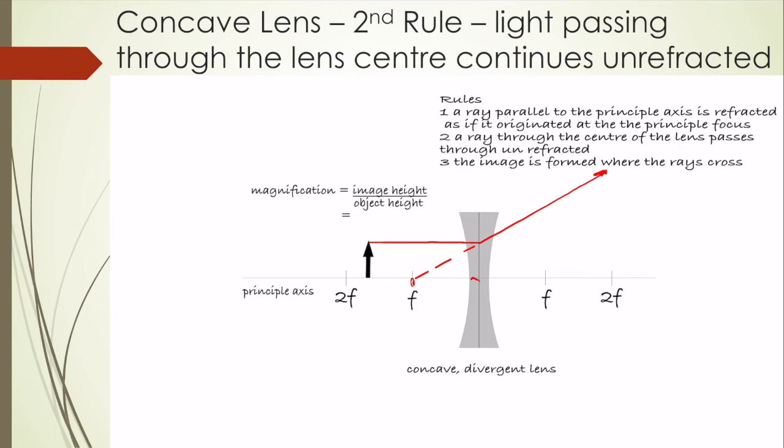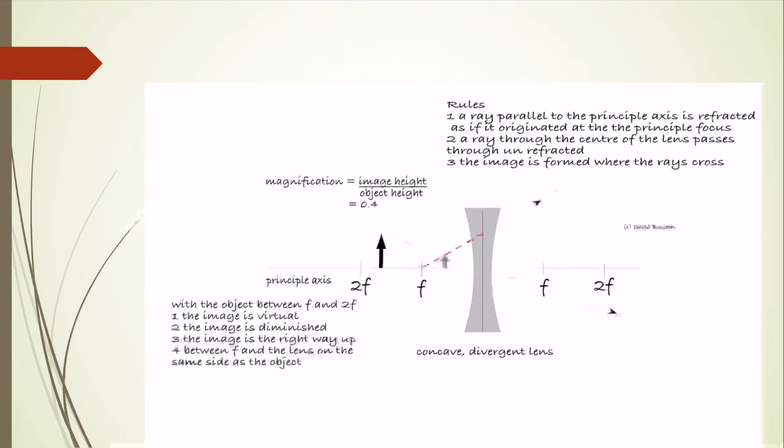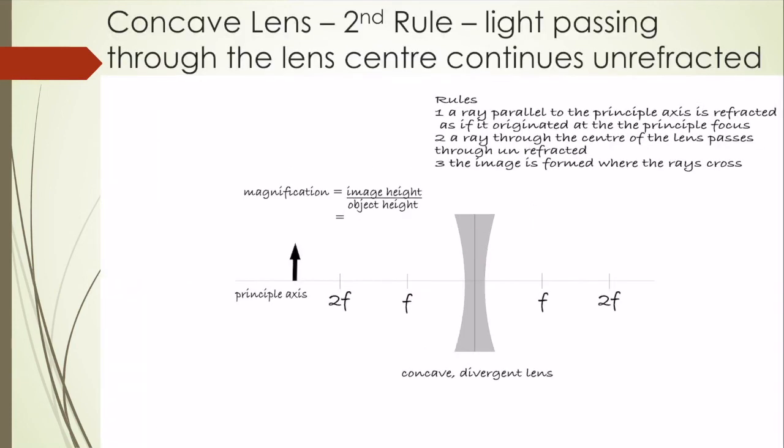Just draw it in, like so. And there we have our image, and we can see that again, its magnification is going to be less than 1, but it's going to have the same features as the other one. Virtual, diminished, right way up, and between F and the lens on the same side as the object. Next one.